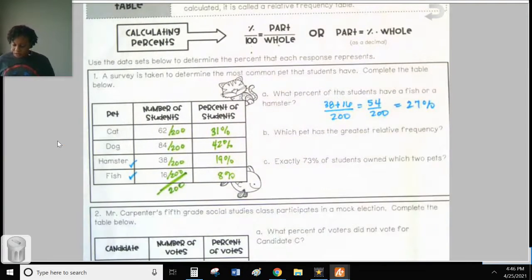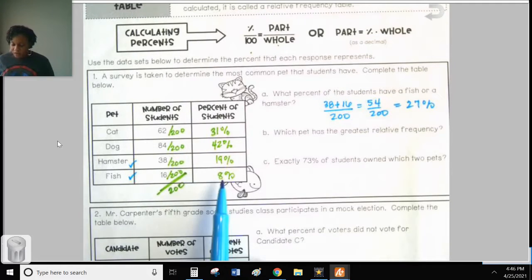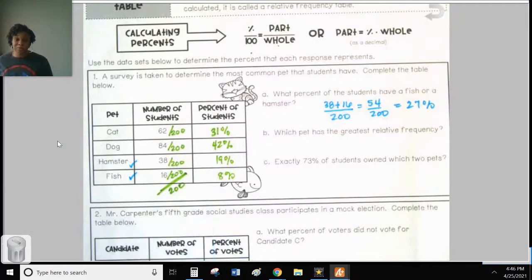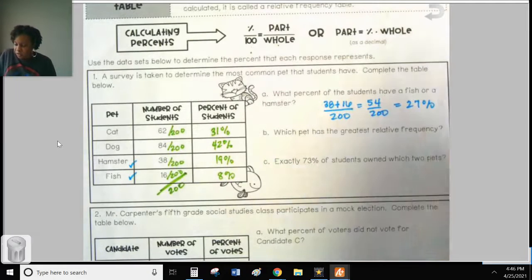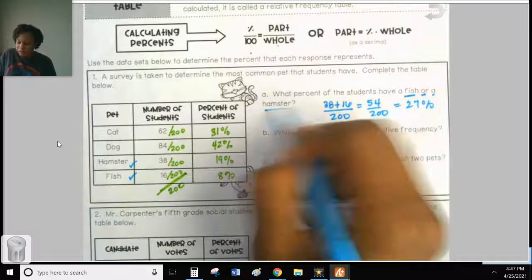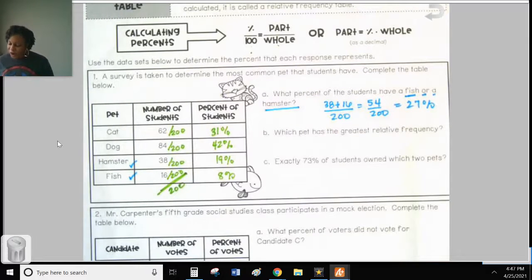So 27% of the students would have a fish or a hamster. The other way you could have done this, if you already had the percentages, you could add 19 plus 8 and get 27 that way too. Okay? But I just wanted to let you know when it says fish or a hamster, that you're adding those two together.